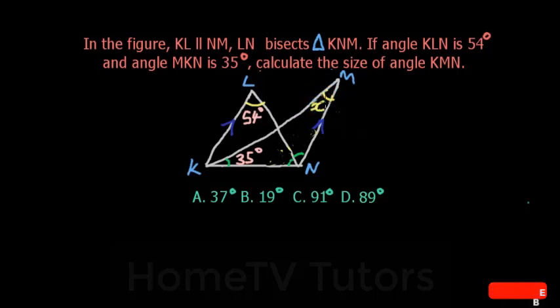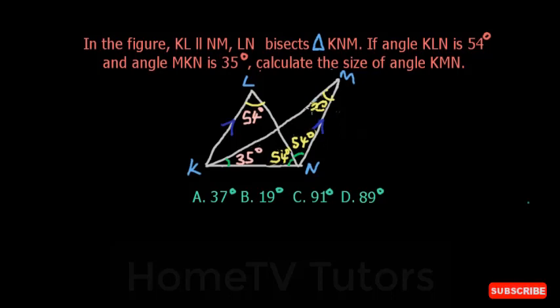Let the angle be X degrees. Now we have angle LNM as 54 degrees because both angles are alternate angles. And if line LN bisects this angle KNM, it means that the second angle will also be 54 degrees because it bisects this angle into two equal angles.